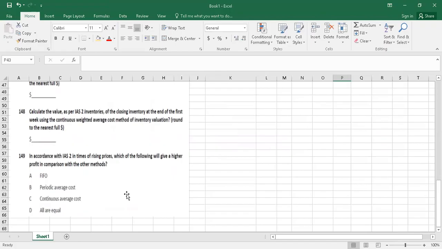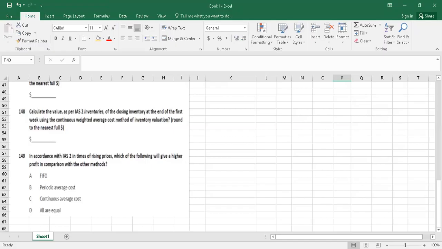So there are three methods that are mentioned. One is FIFO method, one is periodic weighted average cost method, the other one is continuous average cost method. Which one would give a higher profit in terms of rising prices?